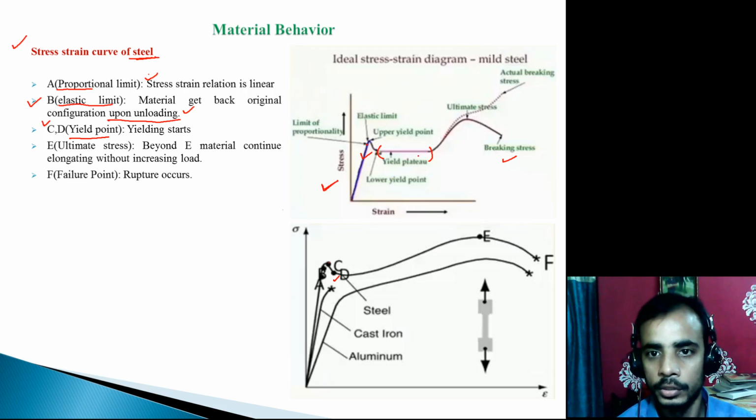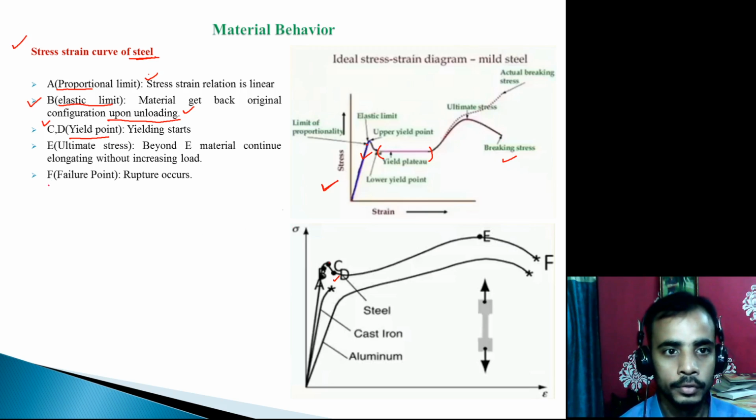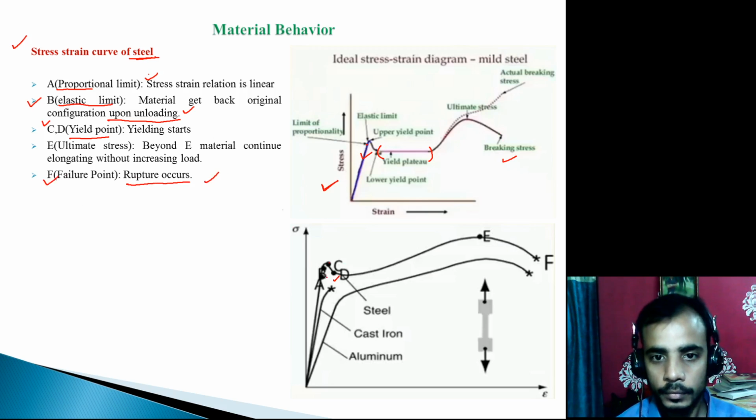There is no increase in stress, but after a certain time the stress again increases up to the ultimate stress point, then it again decreases before breaking or before fracture. So F is the failure point, where the rupture occurs.